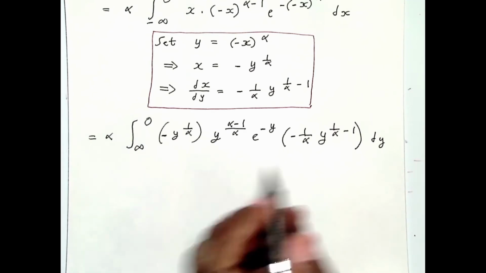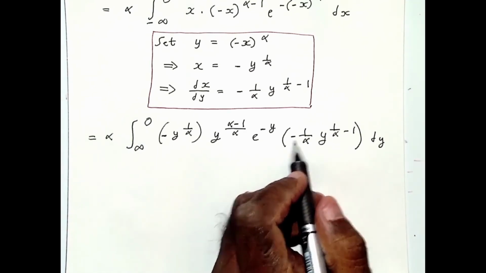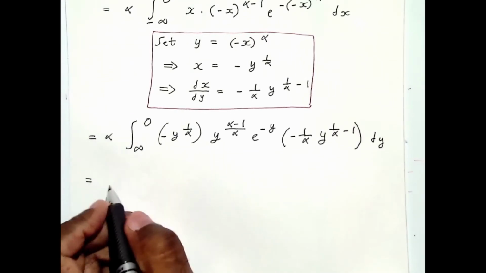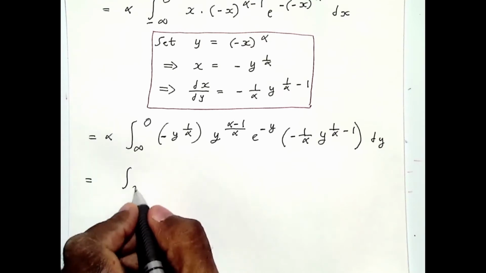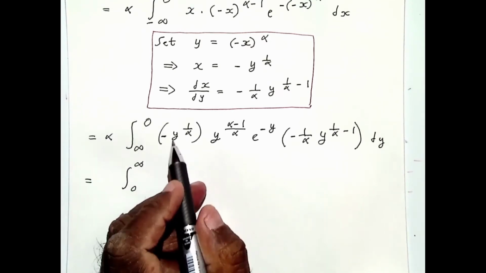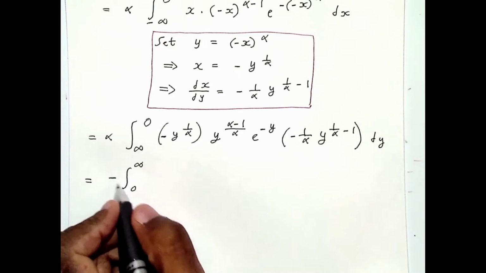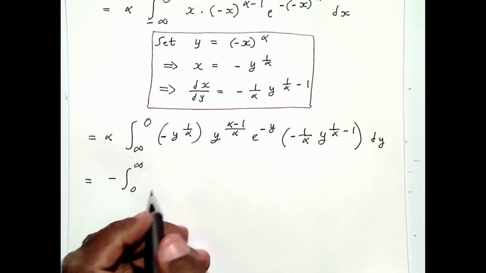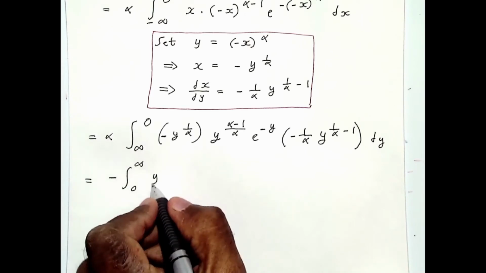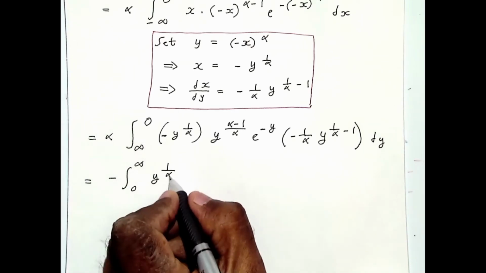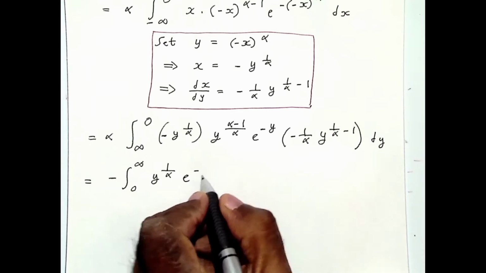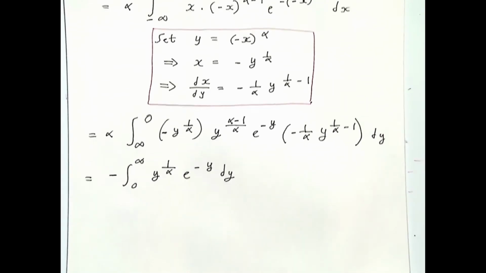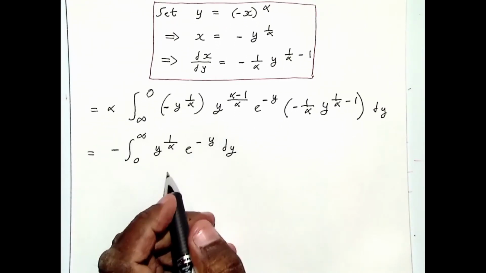And once again, I'm going to use the minus sign here to change the limits around. So it's going to be 0 to infinity. I'm going to pull this negative outside. So after some simplification, this is what you will get, I think. Hope I'm correct.